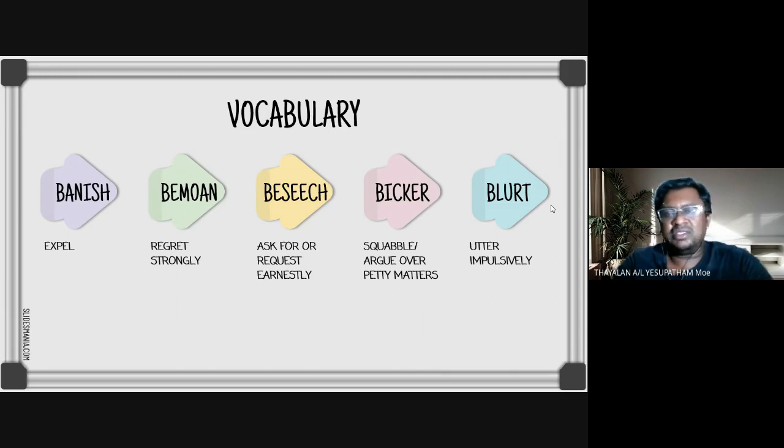Then the last one is to blurt, to utter impulsively. Either you are driven by anger or for whatever reason, you say things out without having a control of what you say. That's blurting. So 5 new words: banish, bemoan, beseech, bicker, blurt.